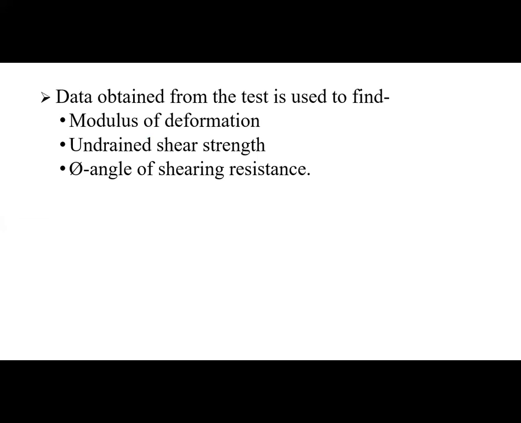The second one is the undrained shear strength. What is shear strength actually? We are applying a tangential force to the wall of the particular borehole. The total pressure acting on the wall is different, but the tangential or punching stress is there. So with the undrained shear strength, we also obtain phi, the angle of shearing resistance.